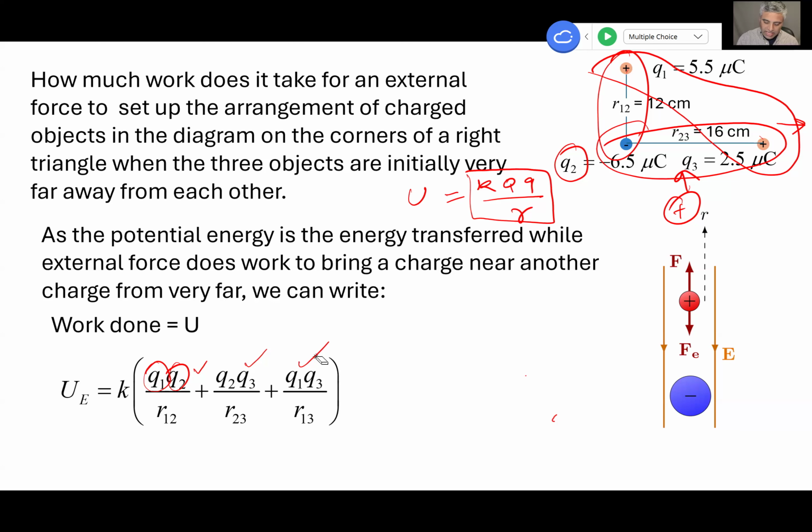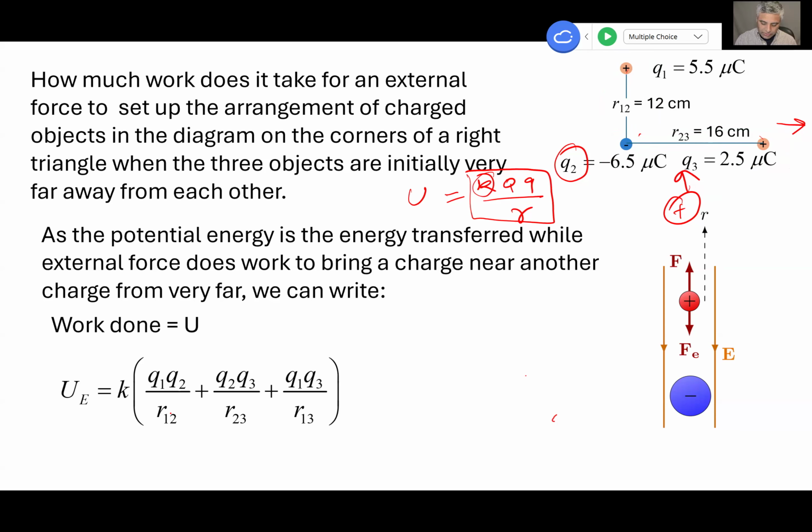Here I just added a positive sign, and since all of them have k in them, I factored the k out. Since there are several r, I'm putting a subscript to denote them, just like I did for the charges. Now when you plug in the charges, make sure you keep track of the sign.